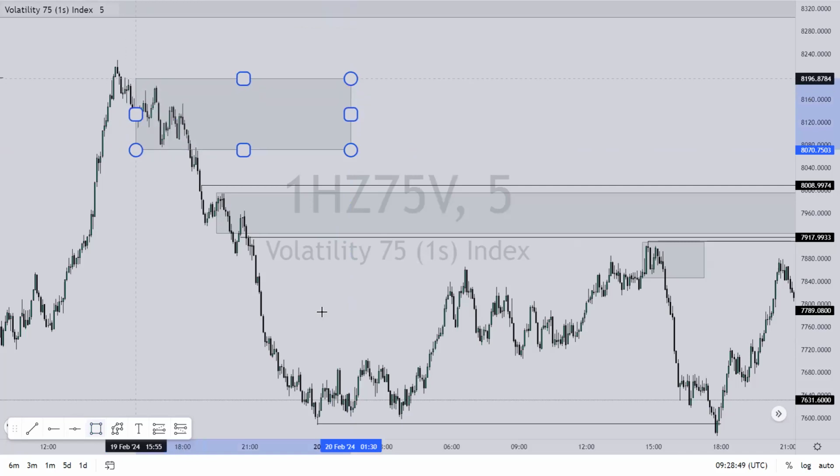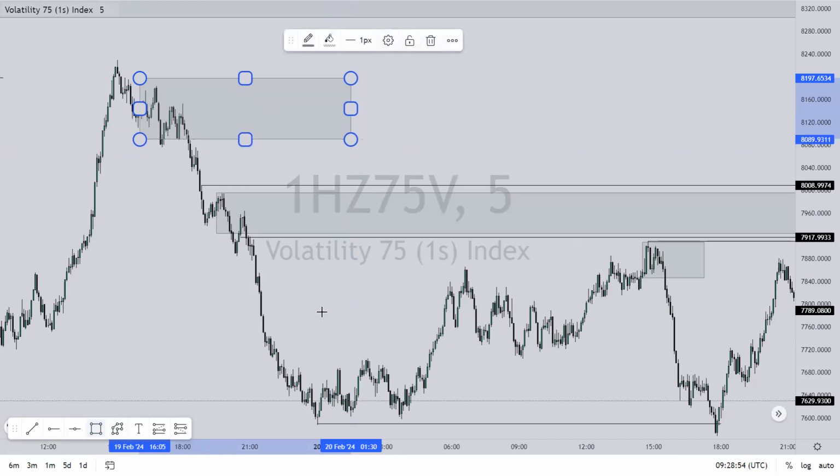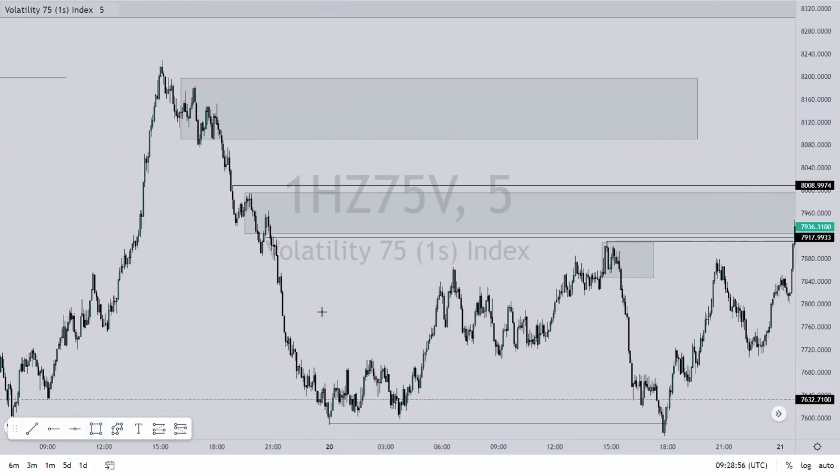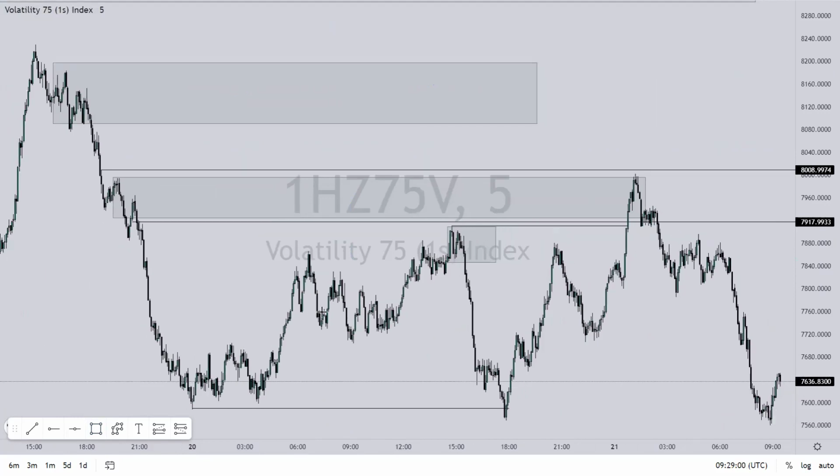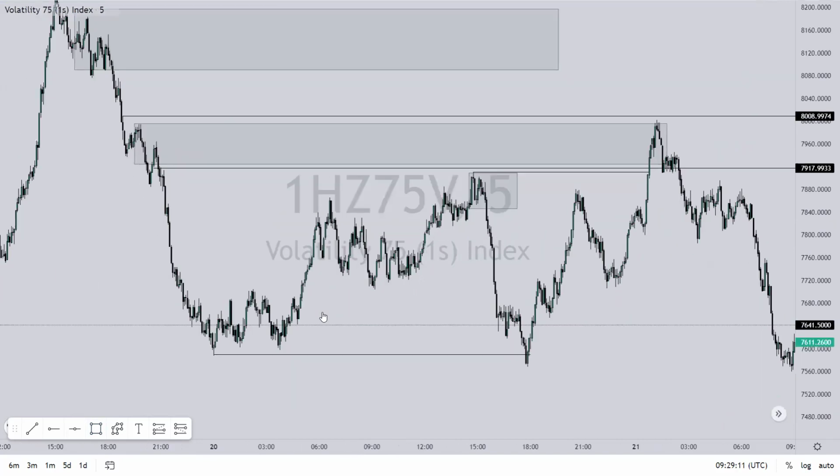So I marked it up with this because that has the characteristics of a major high. So I just marked this out as the second area where the market would get into. So this market, the limit was activated in the middle of the night, and then that was it.